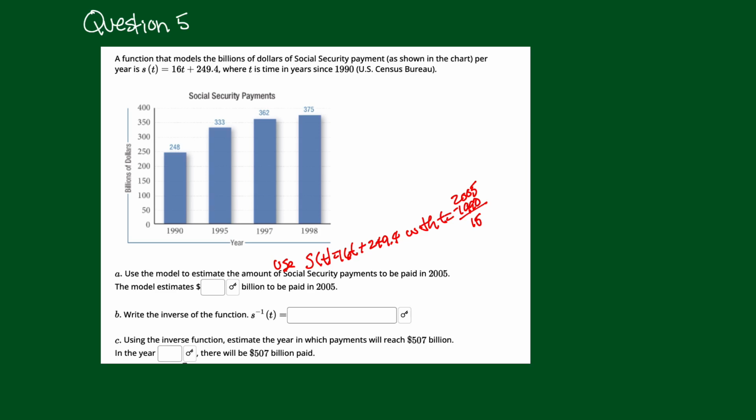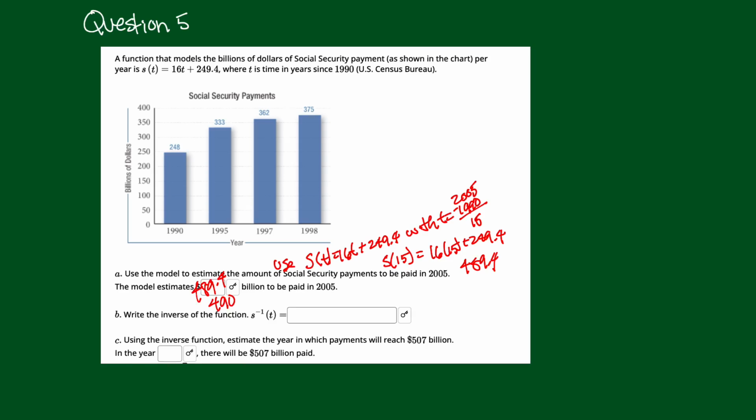All right, so let's put in s of 15. This will be 16 times 15 plus 249.4. I got 489.4, and that's all in billions of dollars. So I'm going to put 489.4 here. But I guess we could round that off to 490 billion.